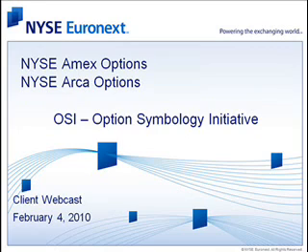Right, and one of the things on that roadmap that is a good indication of how much this effort is going to simplify things: Kim chose OIH as an example. Right now there are 19 option symbols associated with OIH.